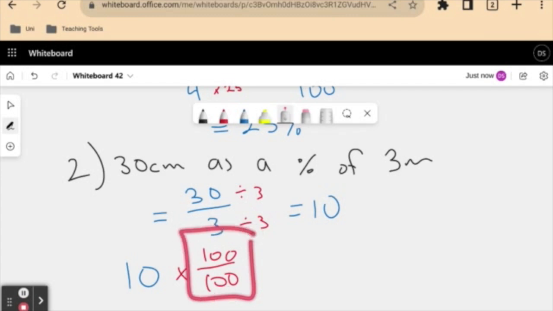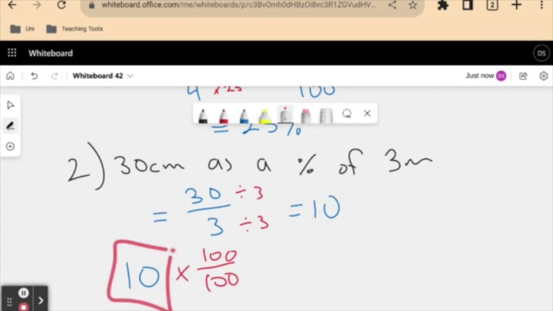By having 100 over 100, that's just the effect of multiplying by 1, because we can't actually change this number here. By having any number other than 100 on the numerator, that would be changing the value of this number, which we don't want to do. We want to maintain the number, just express it in a different way. And all right, this is going to give me 1,000 over 100.